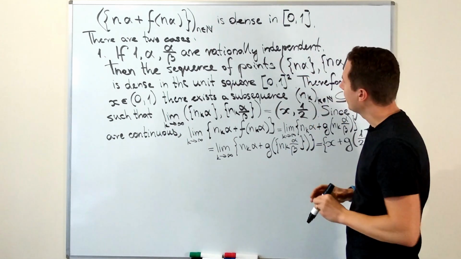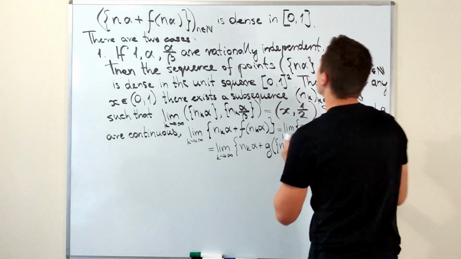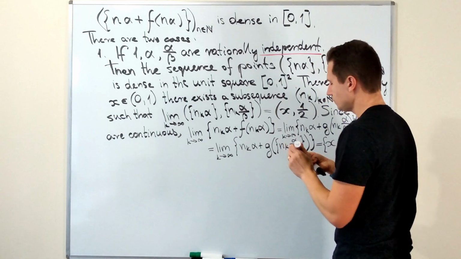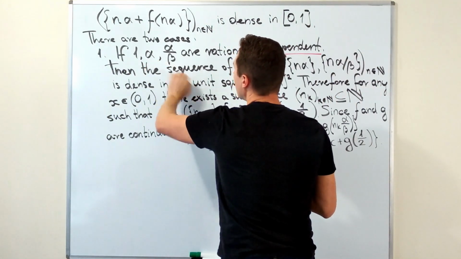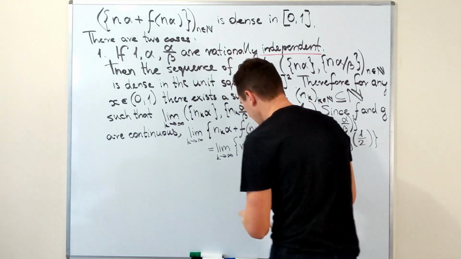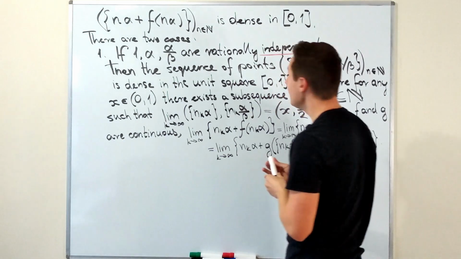That's the case when these numbers, this irrational number alpha and the ratio of alpha and the period of f, were rationally independent.